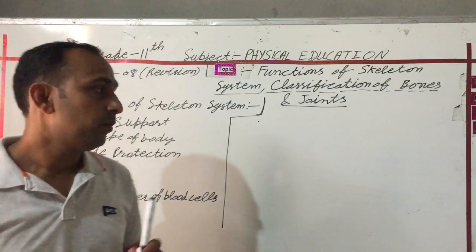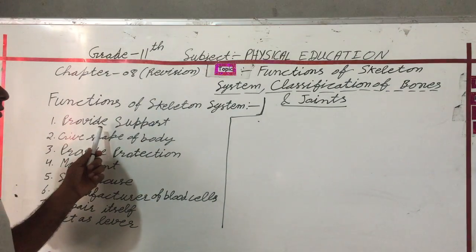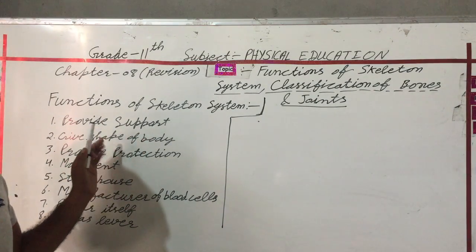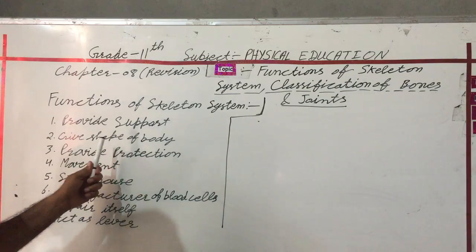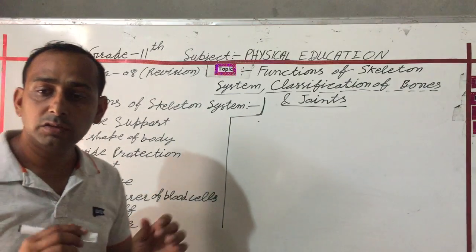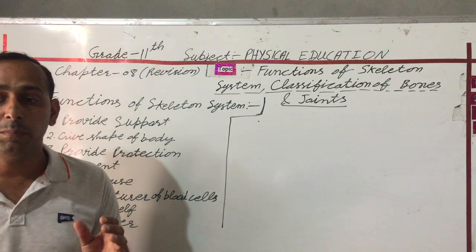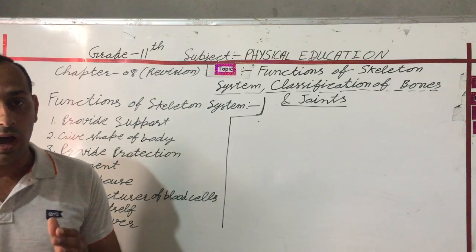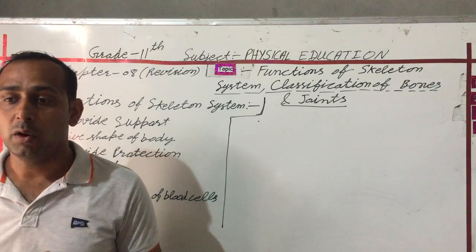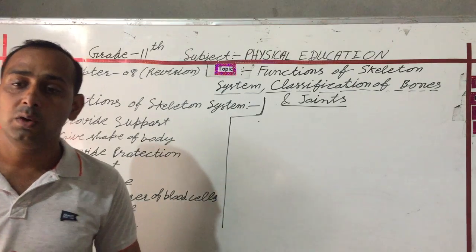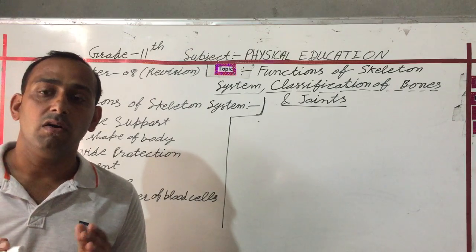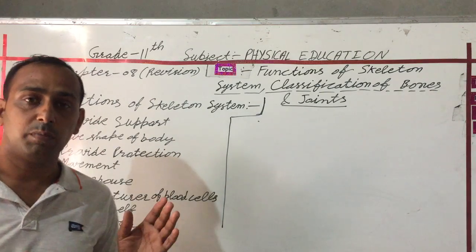Second is give shape to the body. Skeletons give shape to the body. The height and structure of the body depend upon the shape and length of bones.